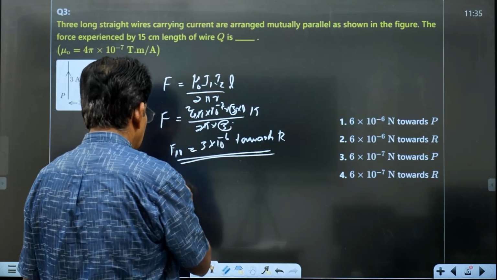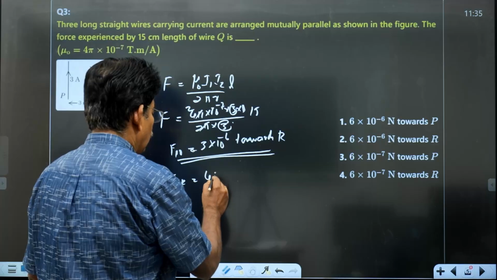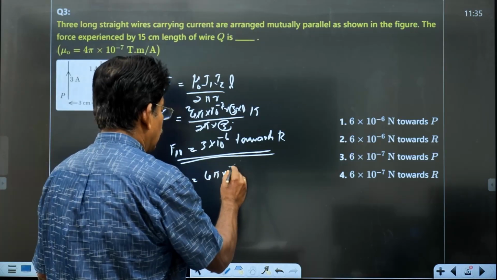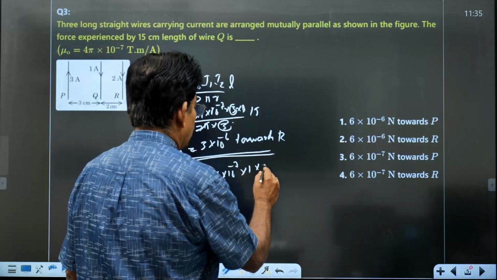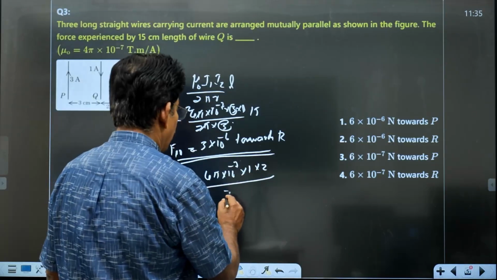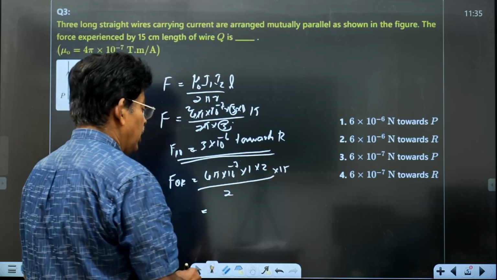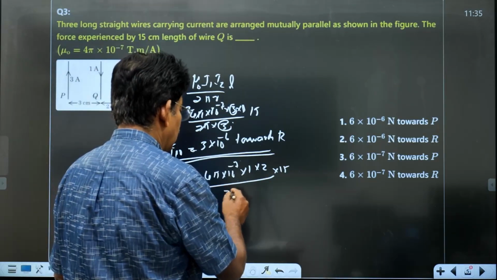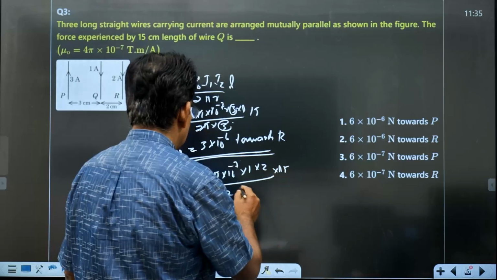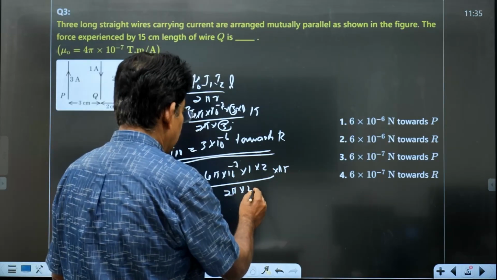Similarly, force between Q and R. In the same manner, 4 pi into 10 to the power of minus 7 into 1 into 2 divided by 2 into 15. That comes to be the same result, isn't it? This 2 gets cancelled. This is 15. 2 pi into 2.